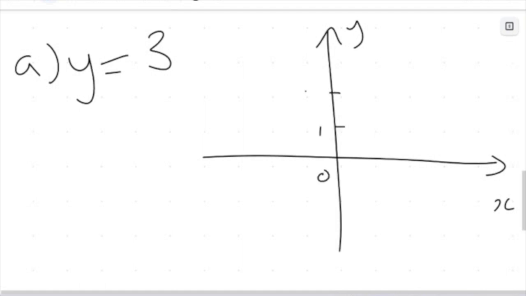So if I have 1, 2, 3, my y-intercept happens at 3 here. So my line and my y is always 3, no matter what x does. So I stay on y equals 3 all the way through my graph. Y is always 3 all the way through.